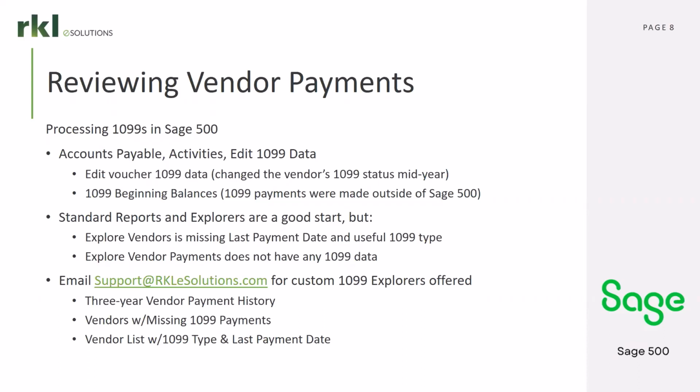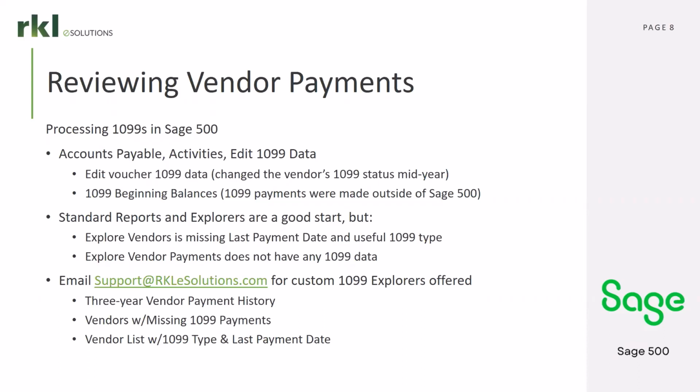Standard reports and explore screens are a good start to review your data. Explore vendors, however, is missing the last payment date and other useful 1099 information like the 1099 type. And Explore vendor payments doesn't have any 1099 data. Those are standard Sage 500 views.